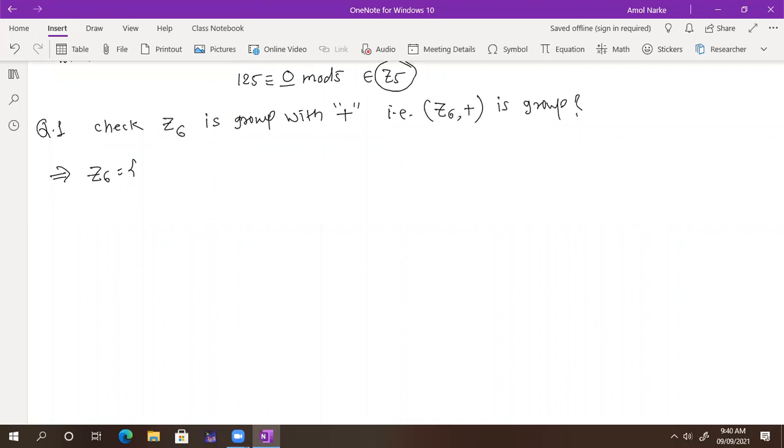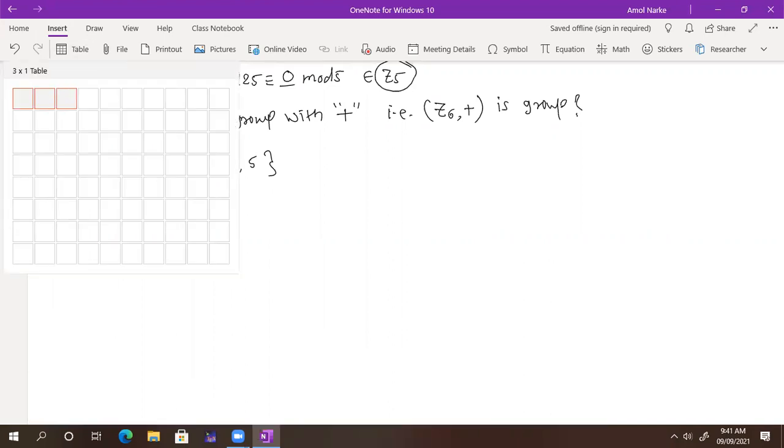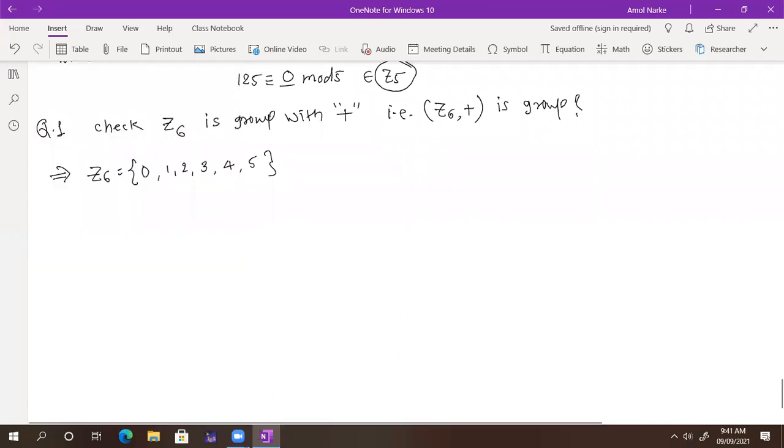How many elements do we have in Z6? 0, 1, 2, 3, 4, 5. Now we need to check whether it is a group or not. How can one check? We need to take any number and check whether it belongs to Z6. How are you going to check that?